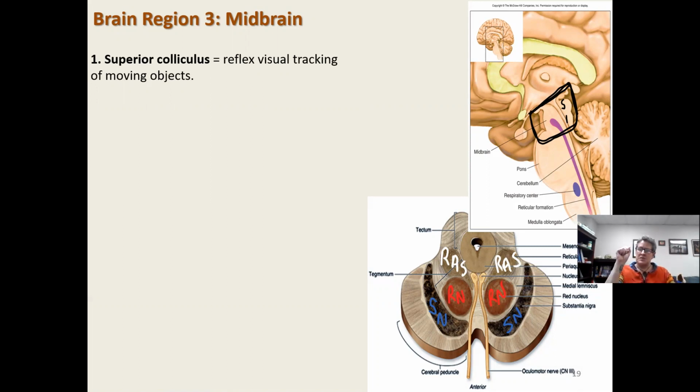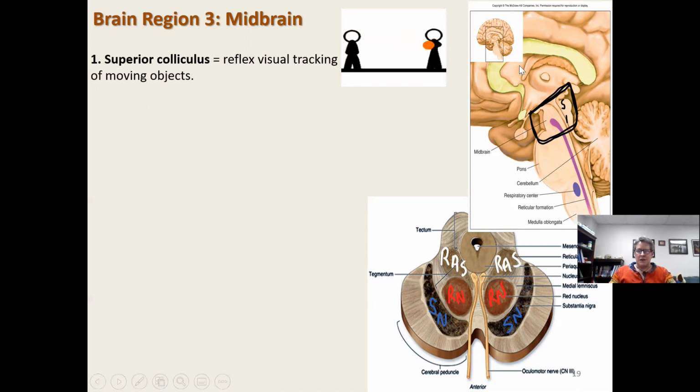Likewise, if someone throws a ball at you, you're tracking that object and you're seeing, is it on a trajectory to hit me? And if it is, you duck, right? And you don't think about that. It's a reflex. So the superior colliculus is about tracking moving objects because that can protect you.